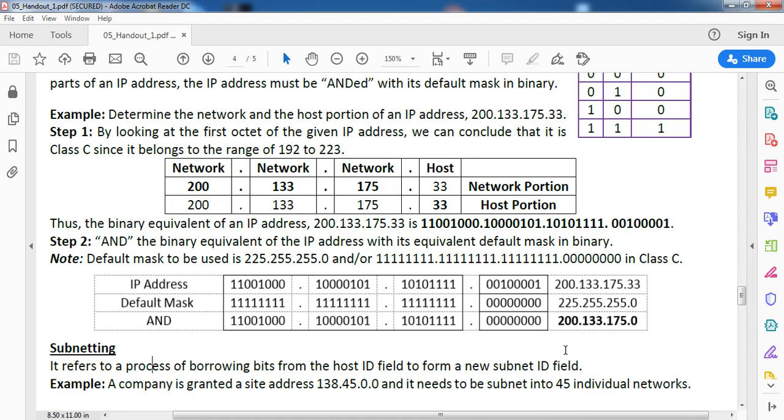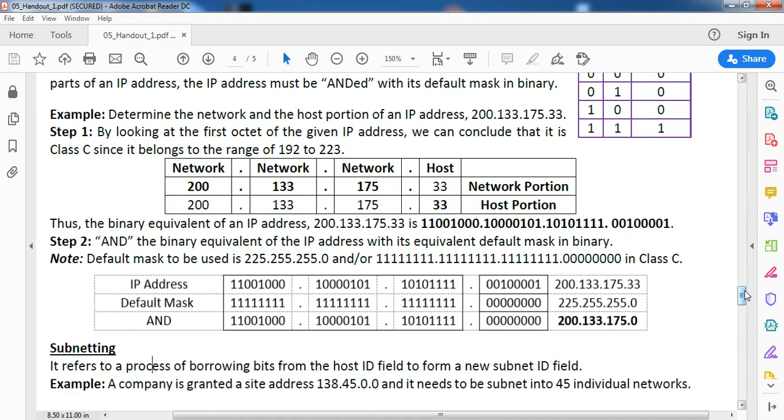The subnet ID would come from the host ID, not the network ID. We cannot change the network ID as that is the one assigned to us, but we can work around with the host ID. So in order to create subnetworks within a single IP address, we use subnetting and borrow bits from the host ID.